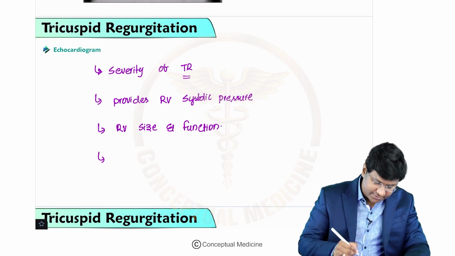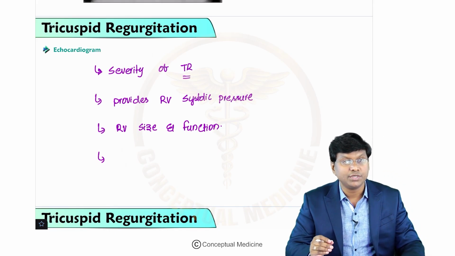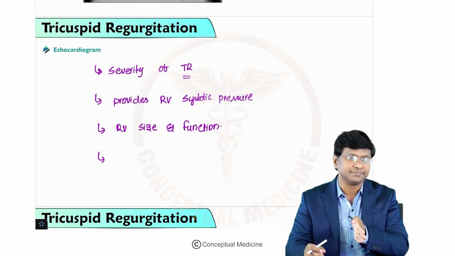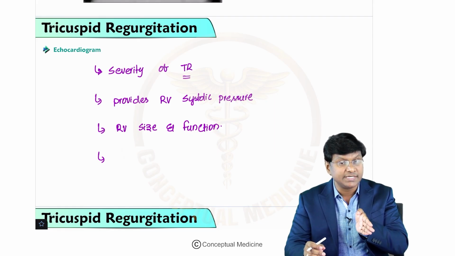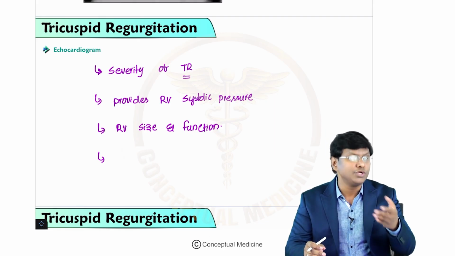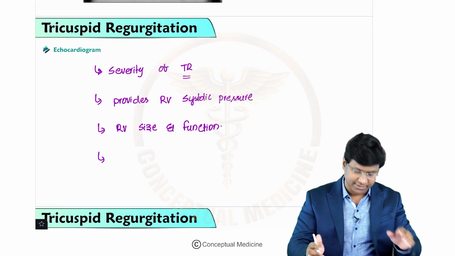Apart from that, on echocardiography you will also be able to make out a paradoxically moving interventricular septum, which may be present due to volume overload of the right ventricle.